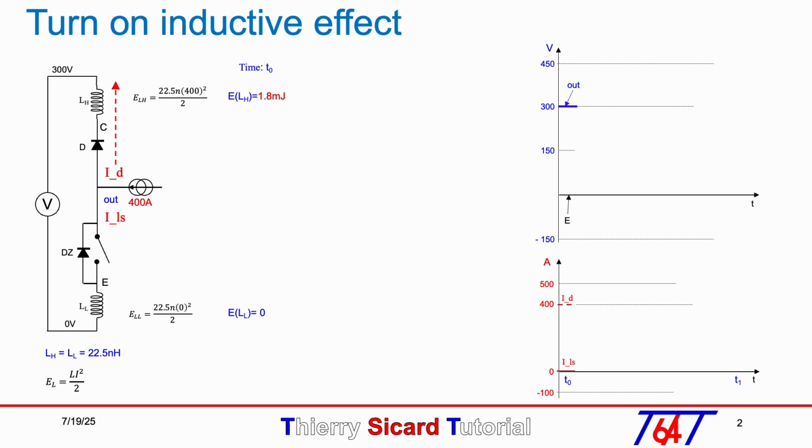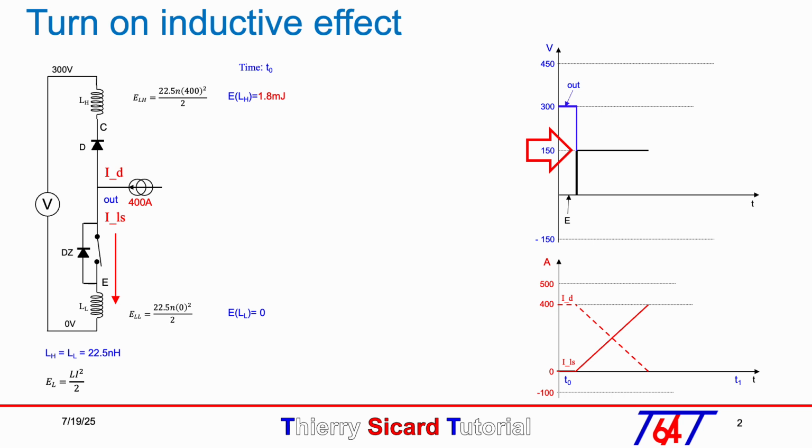the lower inductor LL. The switch animation shows that when the ideal switch is closed, as LL equal LH, these two inductors form an inductive divider and the output voltage is set to 150 volt, which means half the supply voltage.